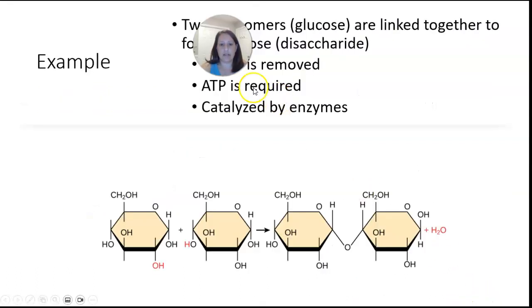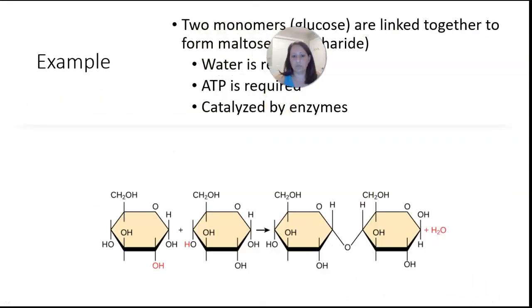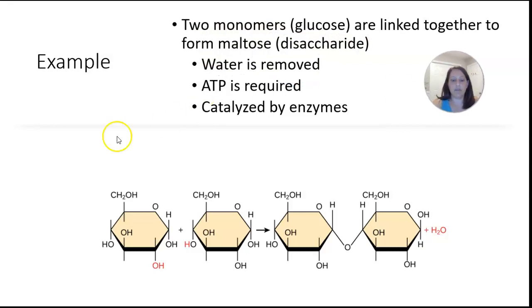So here is an example. Okay, so here I have 2 monomers or 2 subunits. So 1 here plus 1 here. These are 2 monomers of glucose. Okay, they're going to come together, and what's going to happen is, you can see in red here.